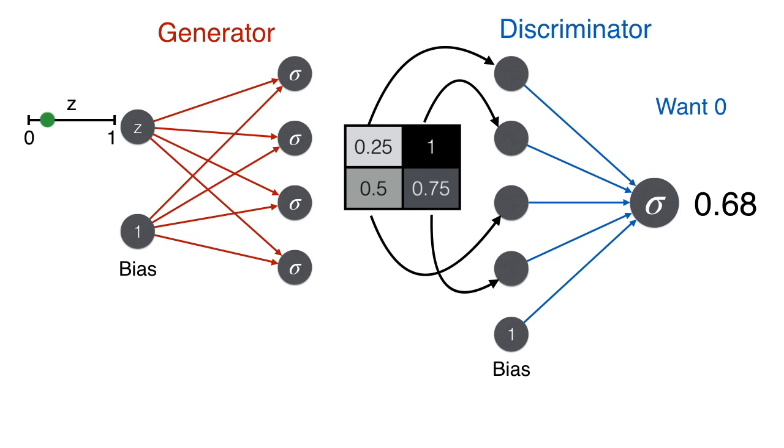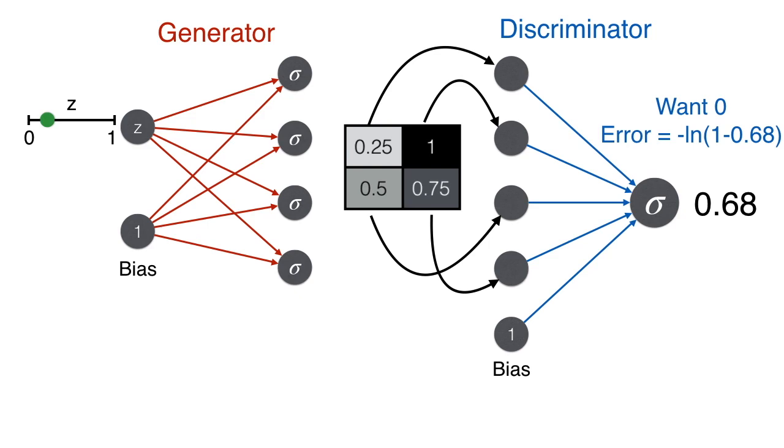If we remember the error function, the way we measure an error when we want the neural network to output a 0 is the negative logarithm of 1 minus the prediction. This is an error that will help us train the discriminator. Now that we've figured out what the discriminator wants, let's go to the generator. What does the generator want?